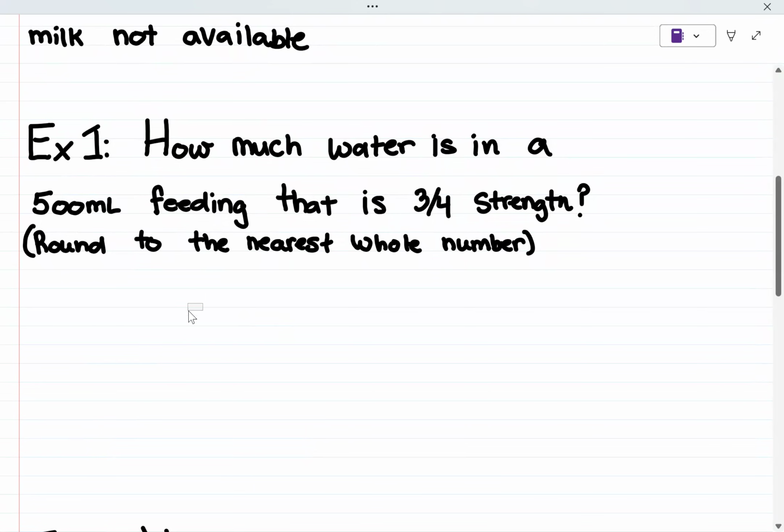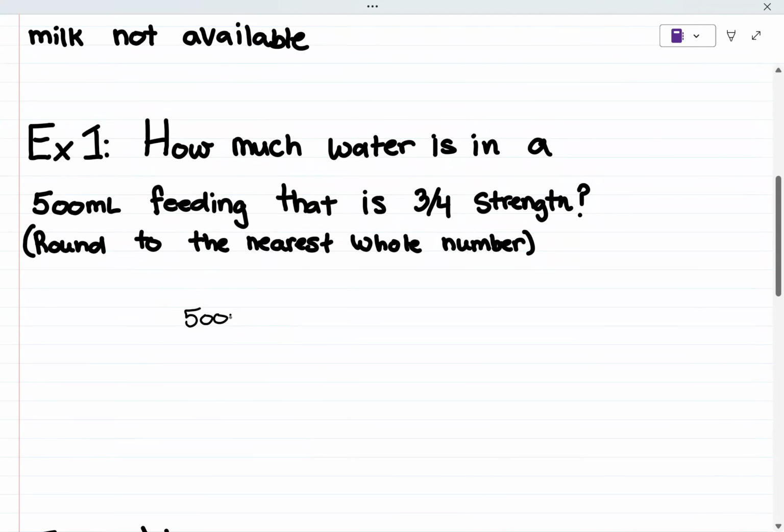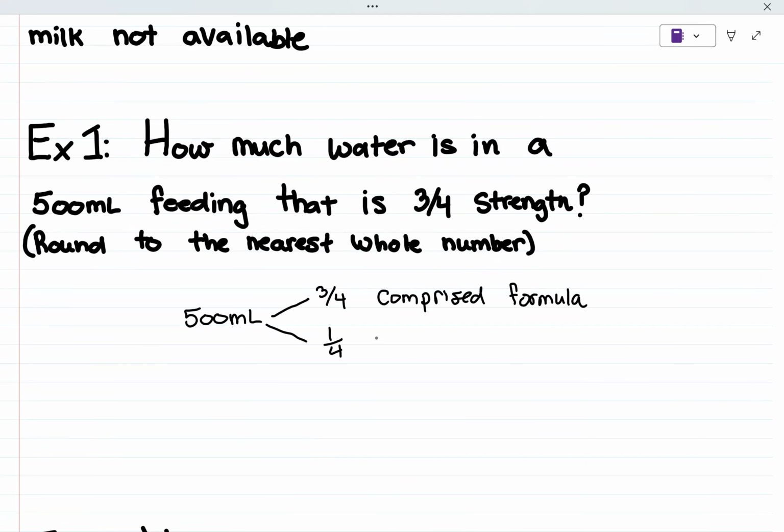So you have 500 milliliters, and they're saying that it is three-fourths formula, and then you have one-fourth water.